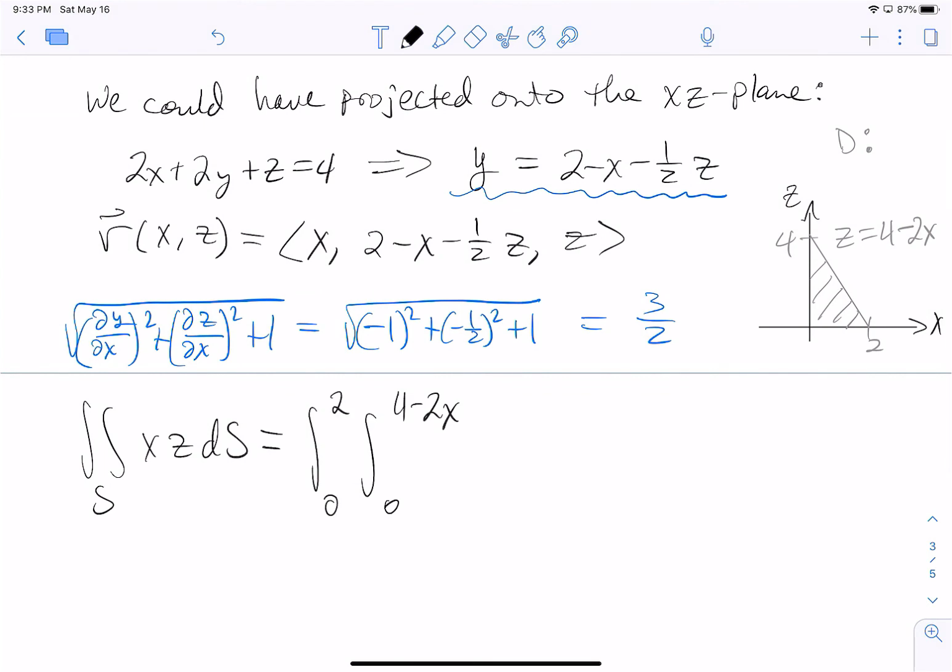The integrand is simply xz. And then dS gives us this 3/2, and we had decided dz dx. The intermediate result is that we have a simpler integral to compute. The net result is the same answer of 4.